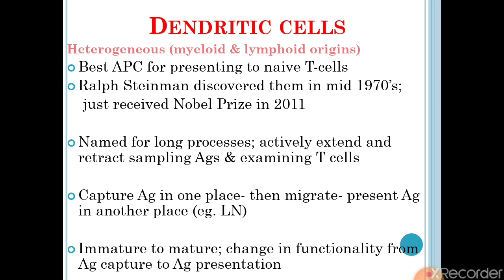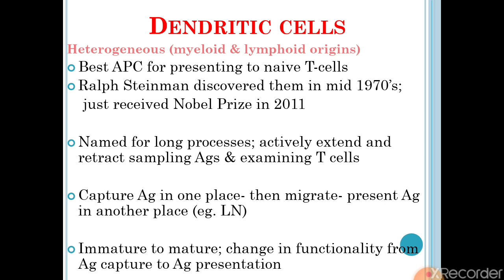So dendritic cells are named for long processes, which actively extend and retract, sampling antigens and examining T cells. The dendritic cells capture antigen in one place, then migrate, and then present antigen in another place, for example, in the lymph node.